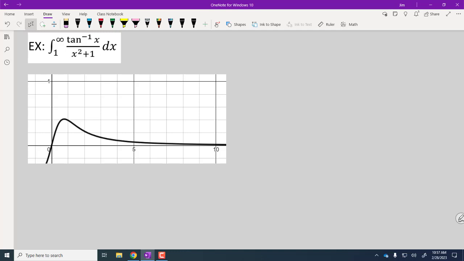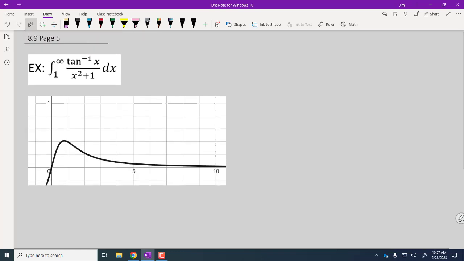It's just acting like a constant. So this is probably going to behave exactly like 1 over x squared behaved. If we have the numerator being constant and the denominator going to infinity, we still have something that's going to 0 pretty quickly. So just as a backdrop, keep that in mind.